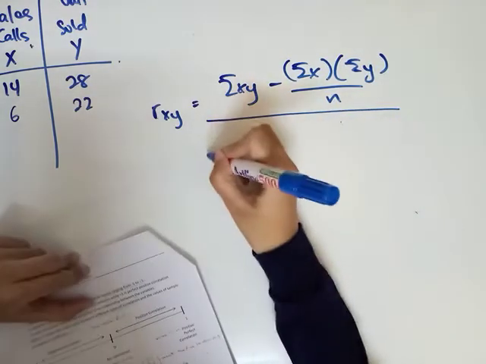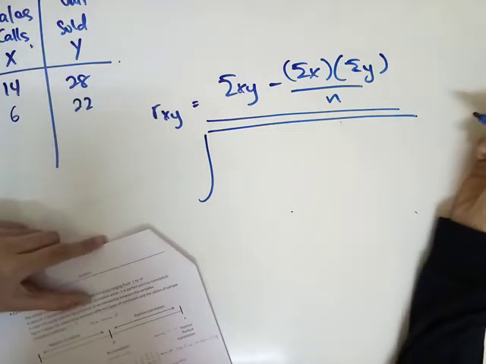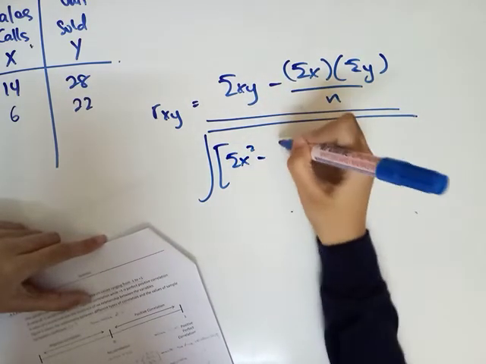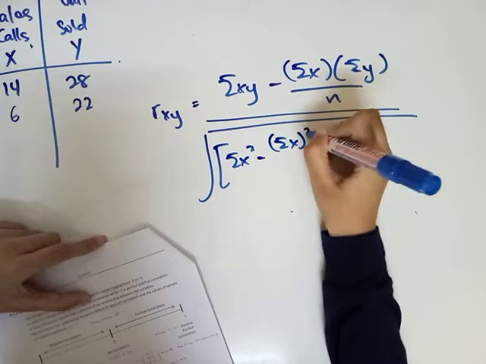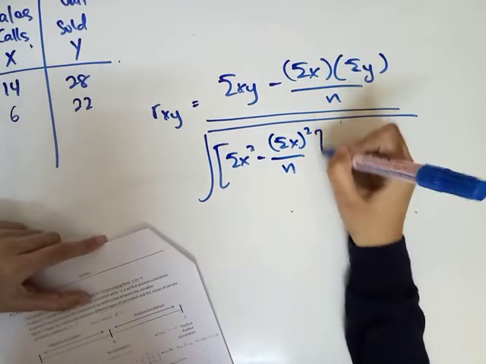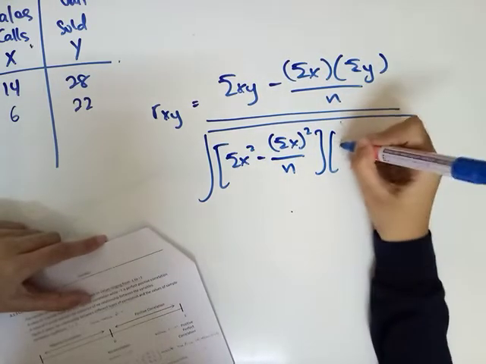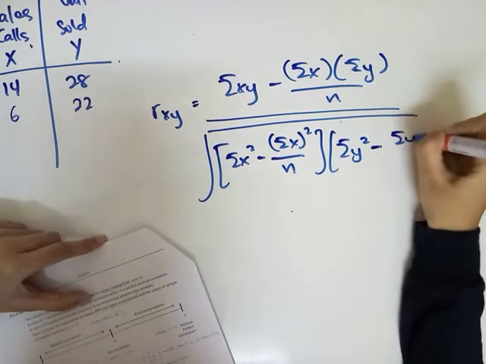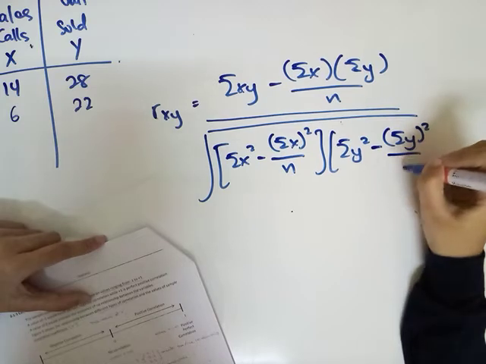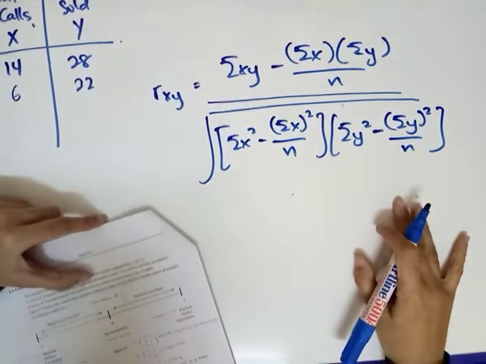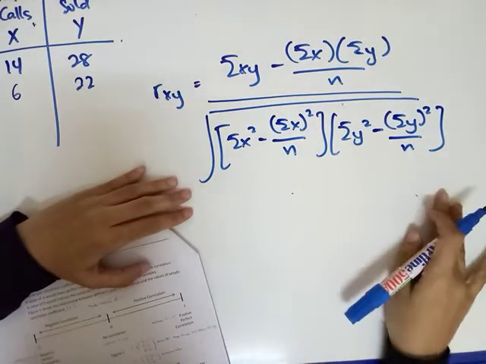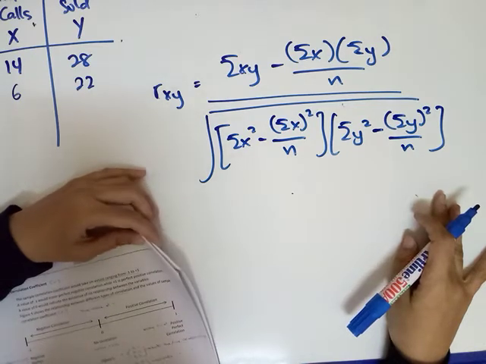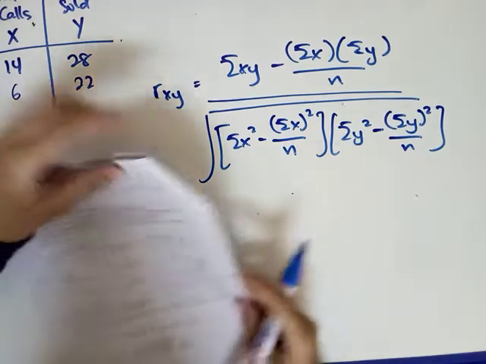Divided by the square root of total X square minus total X power 2 divided by n, times total Y square minus total Y power 2 divided by n. This is the formula that you need to use to calculate the correlation coefficient. We call this Pearson's product moment correlation coefficient.